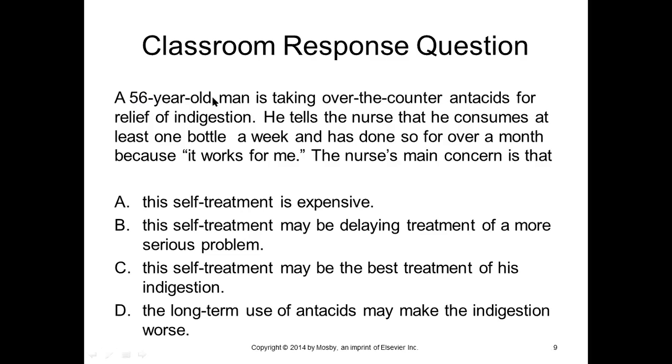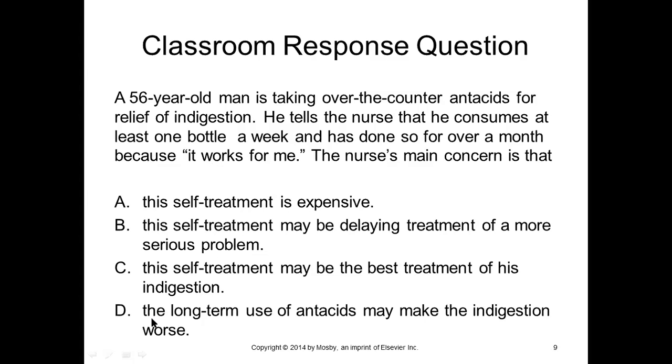A 56-year-old man is taking over-the-counter antacid for relief of indigestion, and he tells the nurse that he consumes at least one bottle a week and has done so for over a month because it works for me. The nurse's main concern is that this self-treatment may delay the treatment of a more serious problem, right? This is the answer.